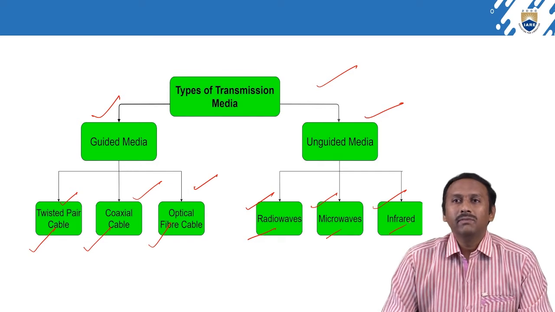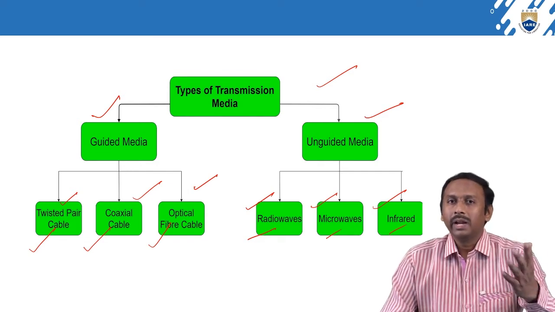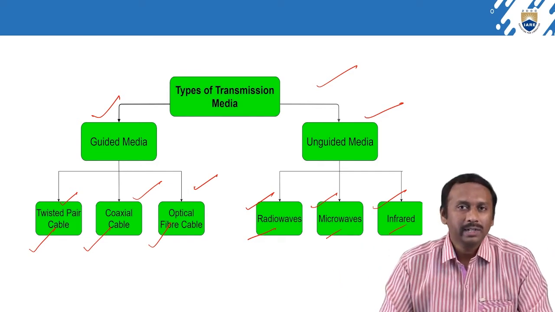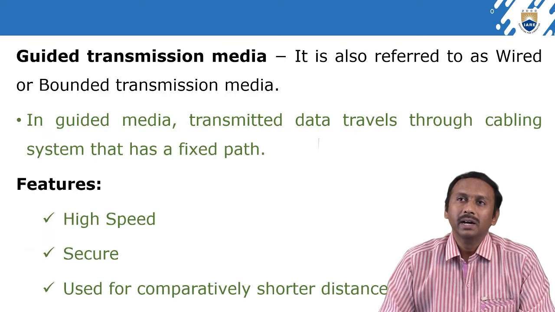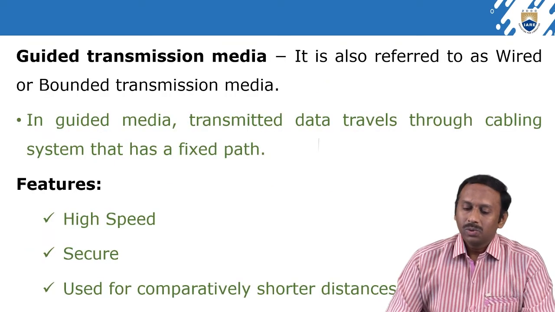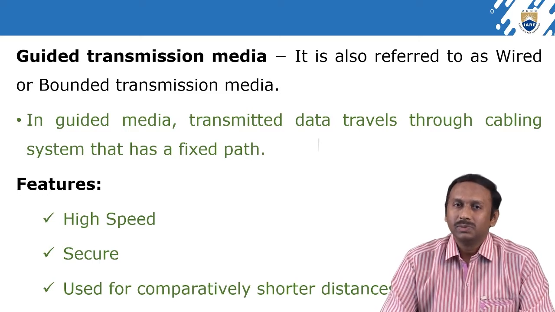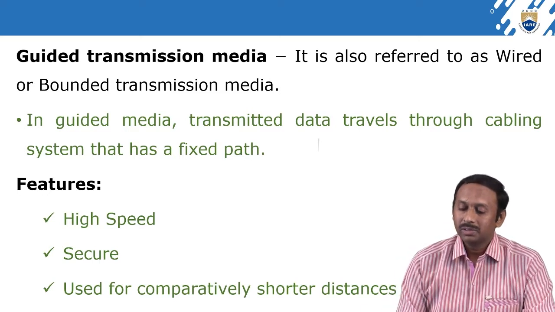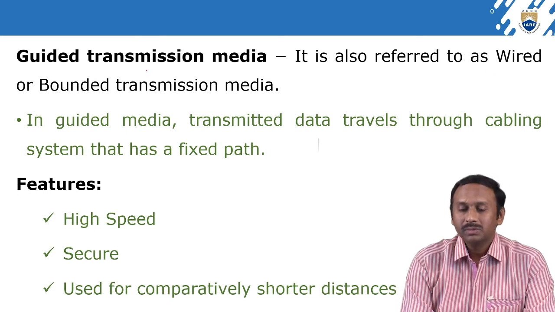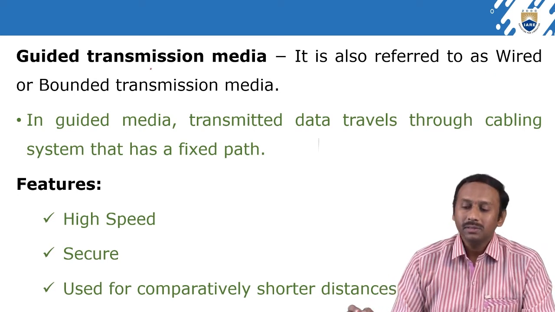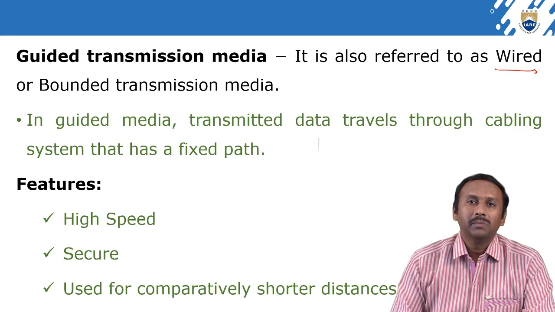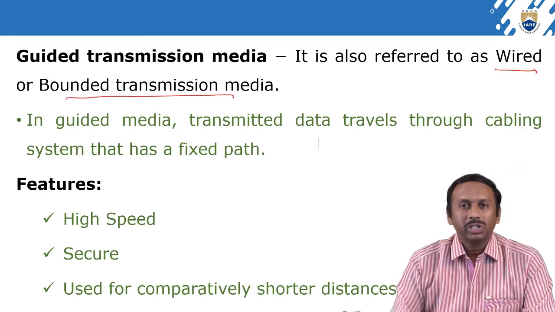We will see each and every technique under guided as well as unguided. First we'll see the guided transmission medium. It is also referred to as wired or bounded transmission medium. Please remember the terminology. Guided transmission medium can also be called wired transmission medium or bounded transmission medium.